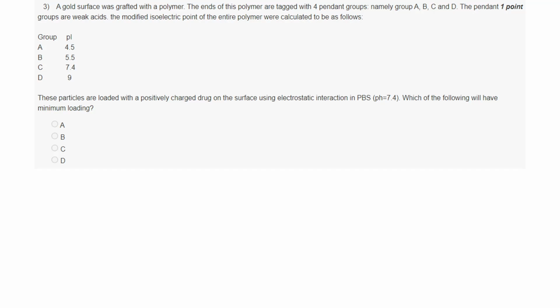Any other answer from option B? Shall we discuss the answer?